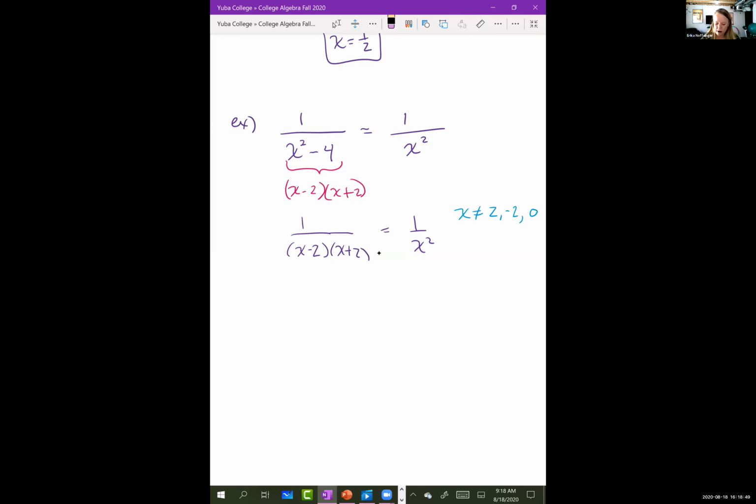So let's clear our fractions by multiplying by the LCD. So our LCD is actually this x plus 2, x minus 2 all times x squared. It actually might be easier if we just kept it in the form where we didn't factor it. If we did that, we could multiply both sides of our equation by the LCD, which would be x squared, all times x squared minus 4.